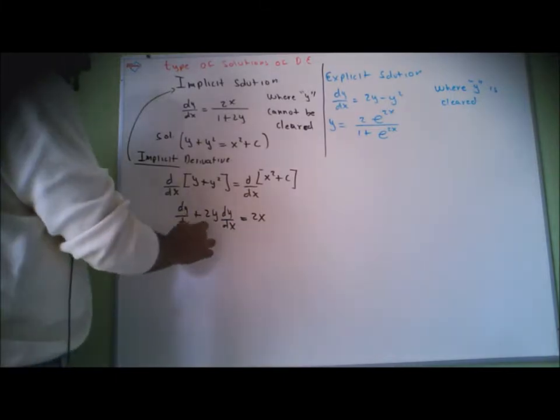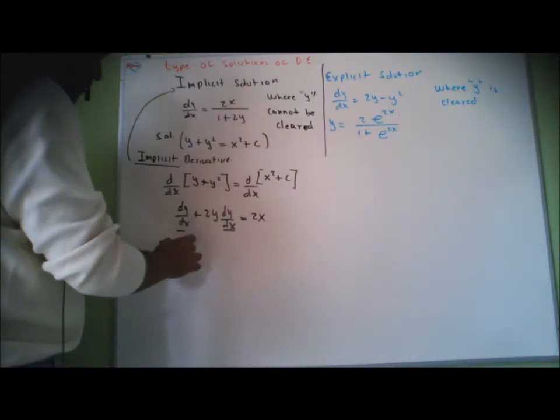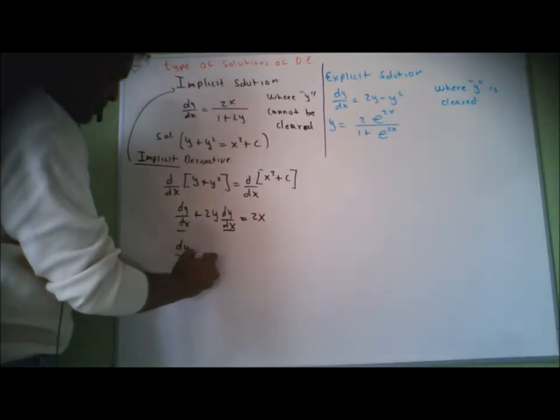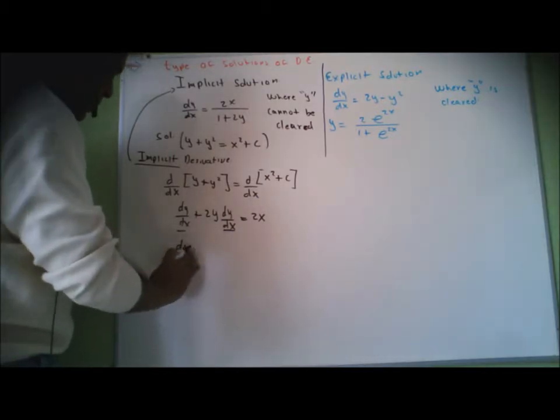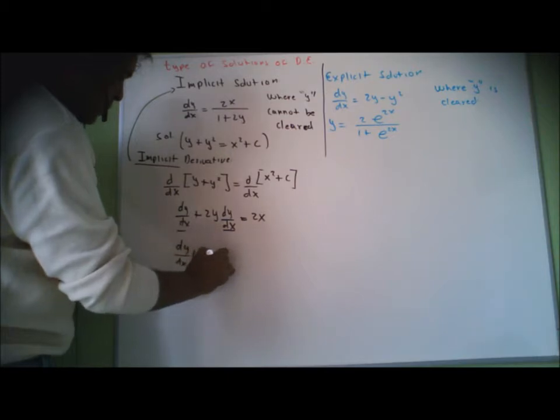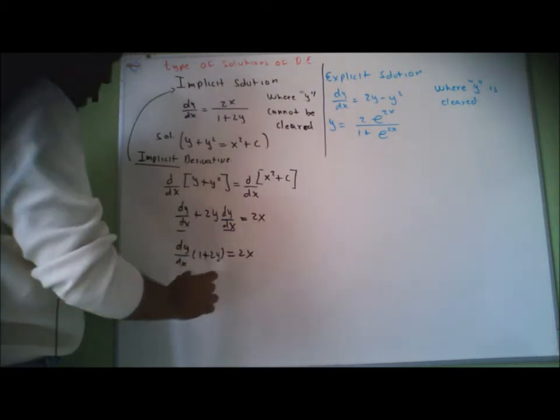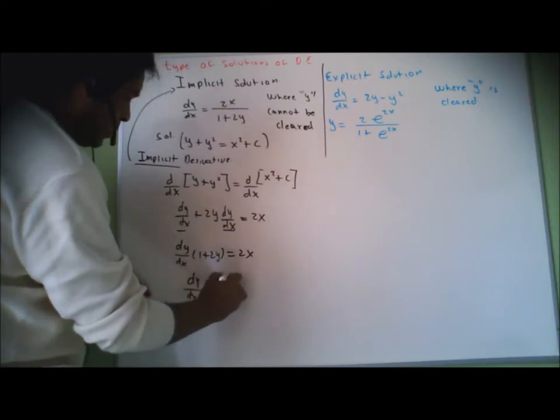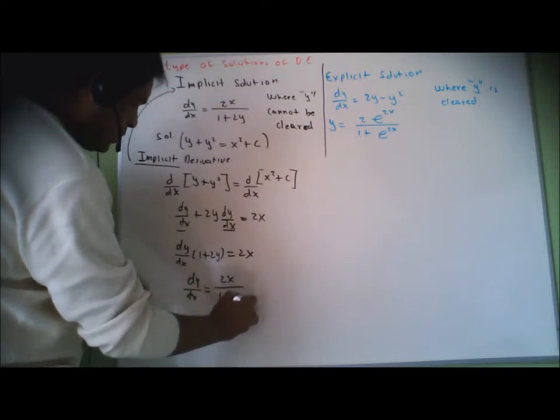From here, let's clear the derivative of y with respect to x, factorize it. The derivative of y with respect to x times 1 plus 2y equal to 2x. So the derivative of y with respect to x is going to be equal to 2x over 1 plus 2y.